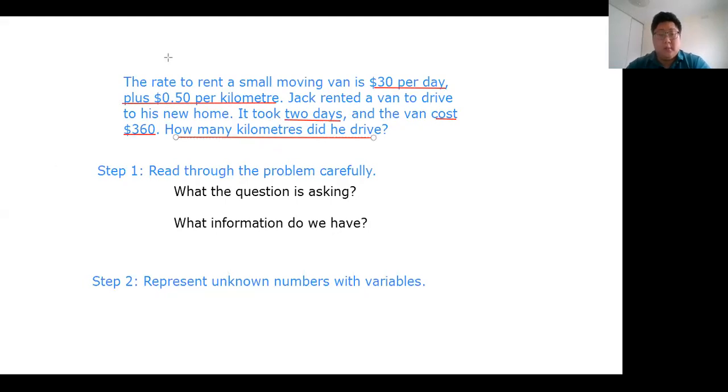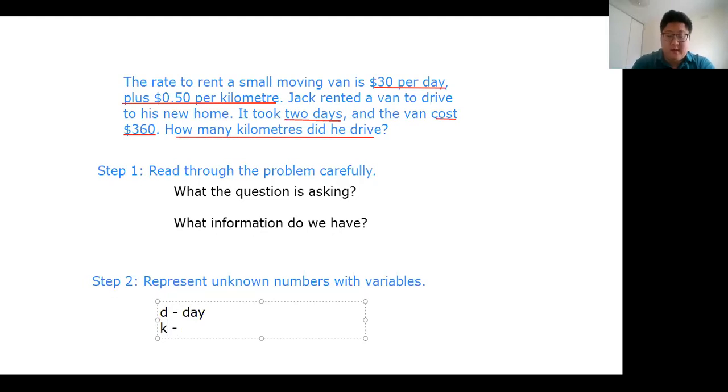Okay. And now our next step is to represent unknown numbers with variables. So if it's per day, we're going to have to know the number of days that he used it. So D would be day. And then kilometers as well.